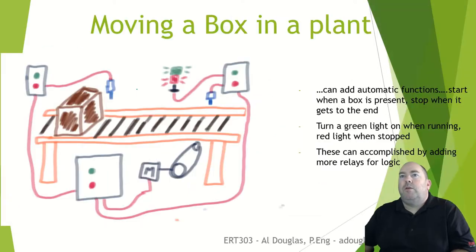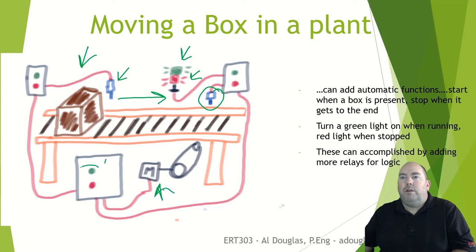Okay, so if we know how to do those types of things, we can control a little machine like this, where we say, I place a box over here, that makes this switch come on, box travels down the conveyor until I hit this switch, and then my red light comes on, green light runs. Green light's on whenever the motor's running. Whenever I want the conveyor to run, I turn on this motor.